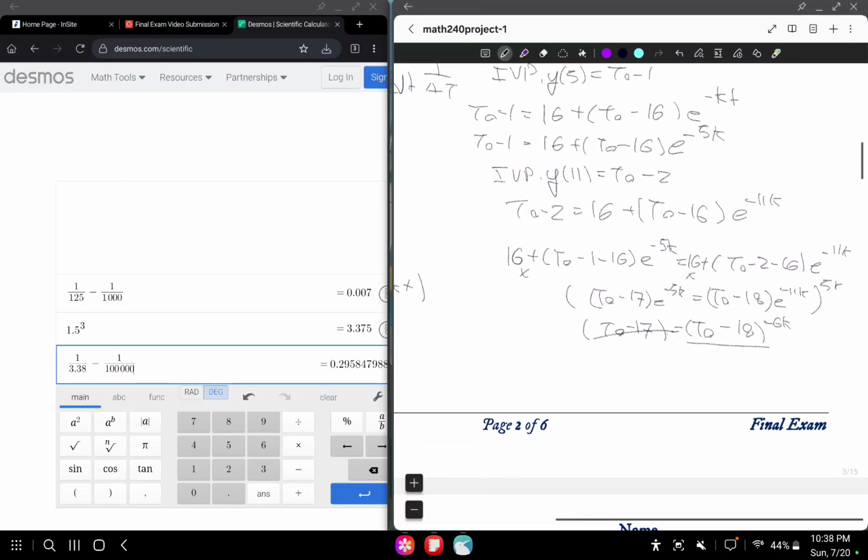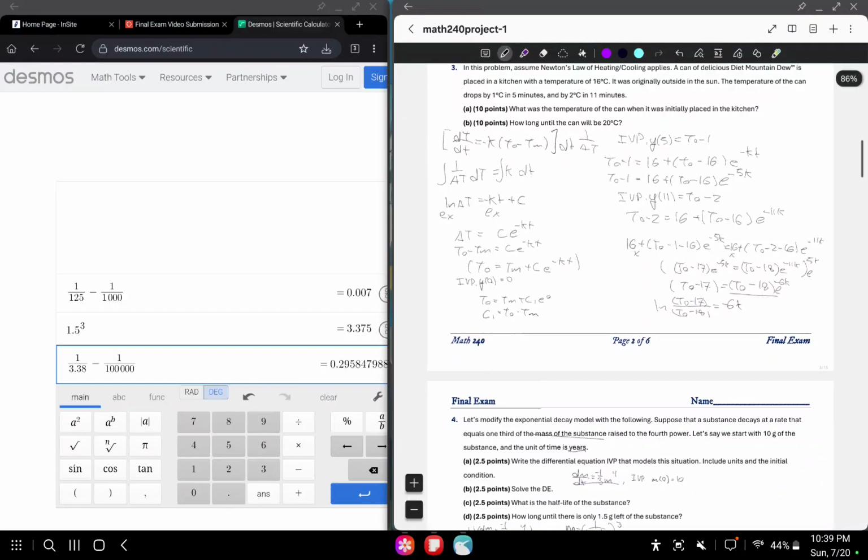Divide. So ln of e, so (T0 minus 17) over (T0 minus 18) equals negative 6k. Just put in ln.